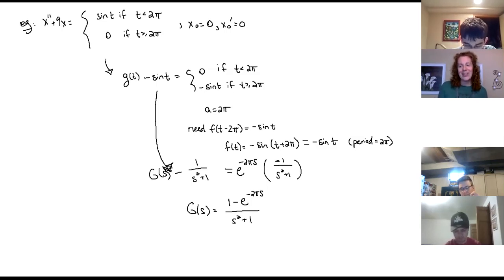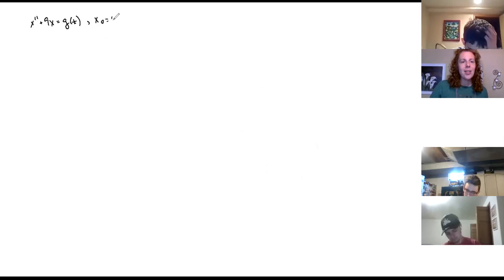Let's do the differential equation now. So here's what we had. We had x double prime plus 9x equals g of t. x naught was 0, and x naught prime was 0. I'm going to skip writing the minus zeros. You got it? We're good.